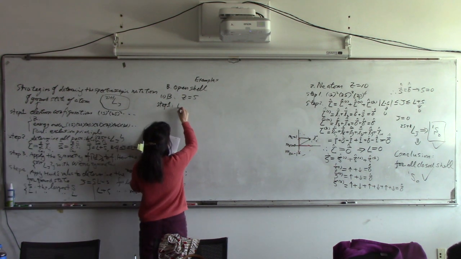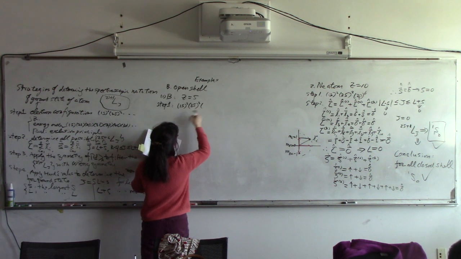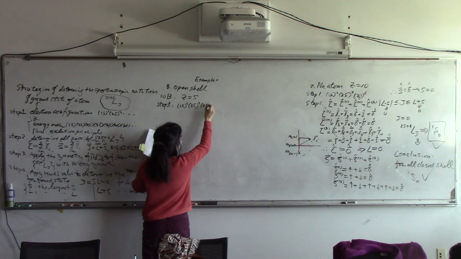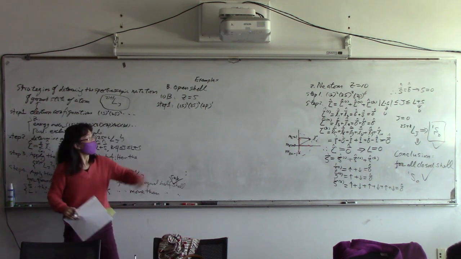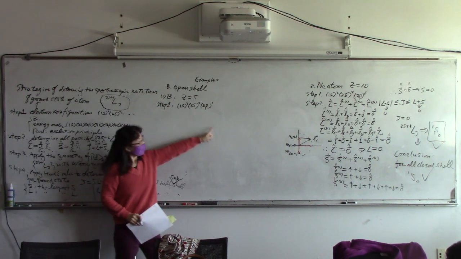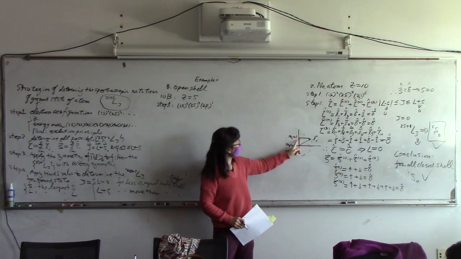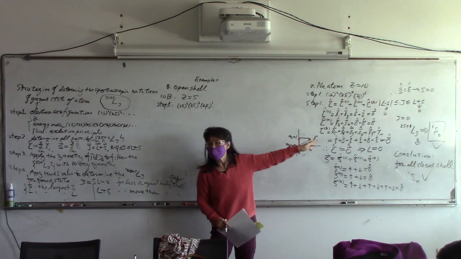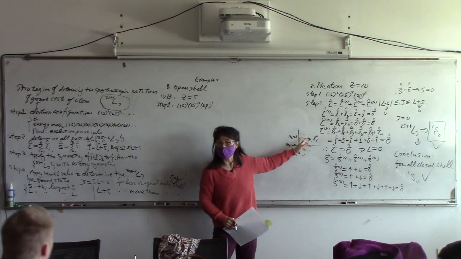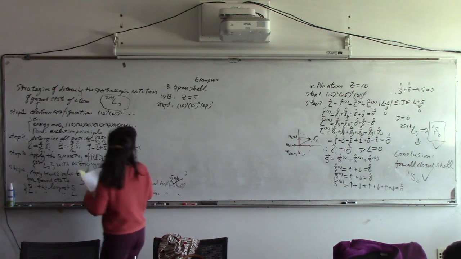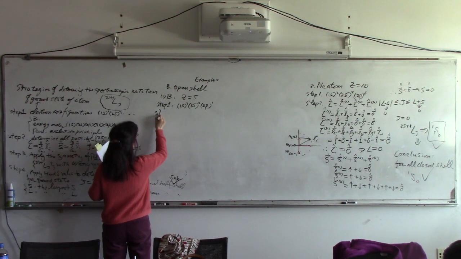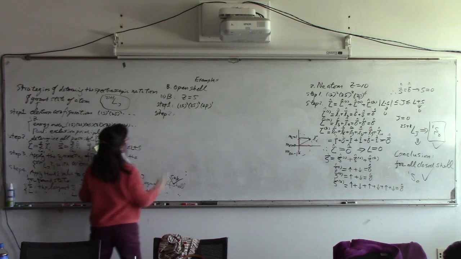We have 1s with 2 electrons, 2s another 2, and then the remaining one goes to 2p1. So in this case, because there is only 1 electron, you can have it either up, down, or 0. So all the possibilities are here because there are no other electrons. Right. Okay.